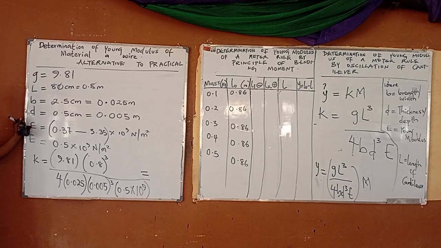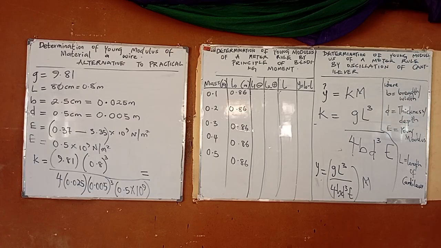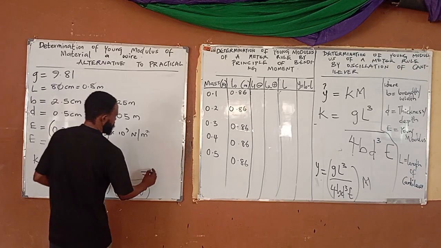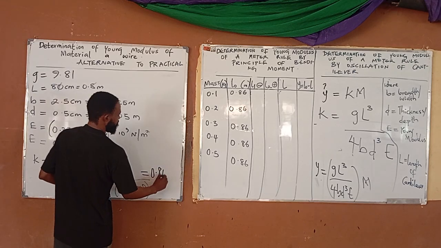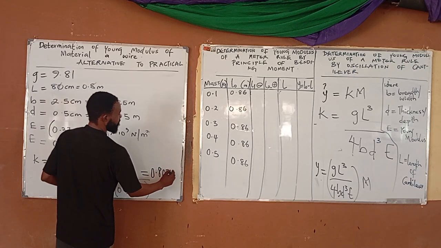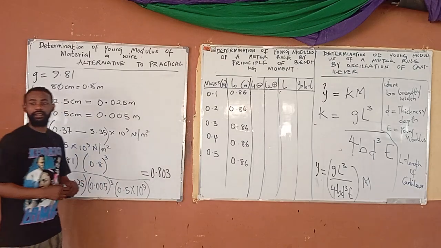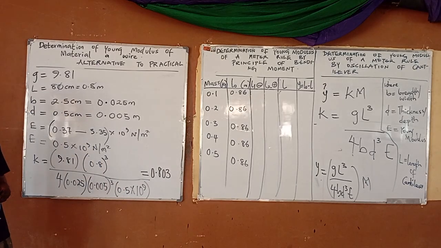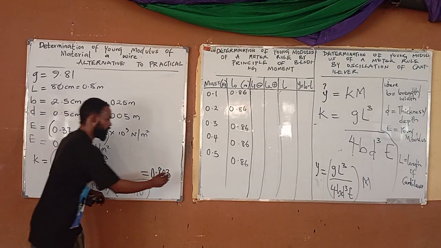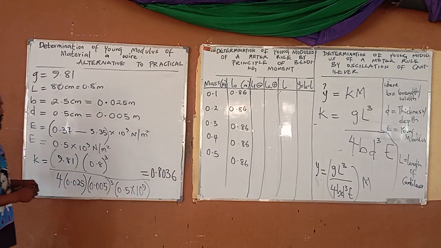You shade it. Or your punch, what do you have? 0.80. Eh? 0.8036, four decimal places, my friends.